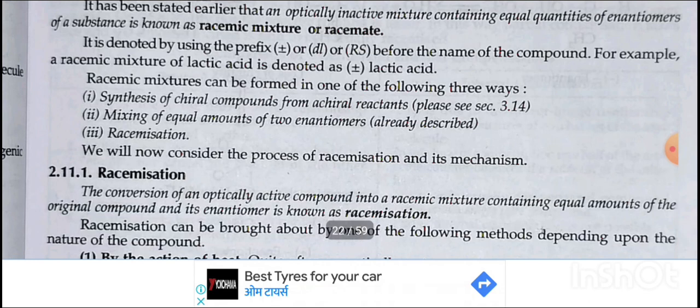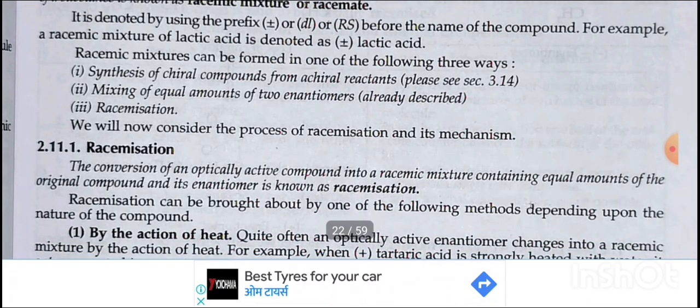For example, a racemic mixture of lactic acid is denoted by plus-minus lactic acid. A racemic mixture can be formed in one of the following ways: synthesis of chiral compounds from achiral reactants, and mixing of equal amounts of two enantiomers.